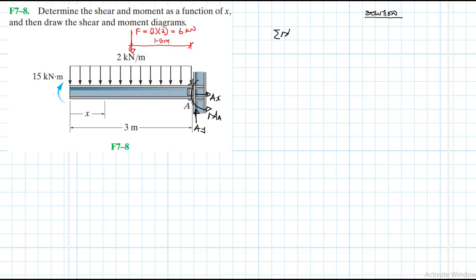So summation of moments about point A equal to 0, anti-clockwise being our reference. What we have is 6 times 1.5. This is a positive moment, anti-clockwise. What else? We also have a couple at the very end here. Let's call this point here B. We have a couple moment there of magnitude 15, and this is clockwise, therefore it's negative.